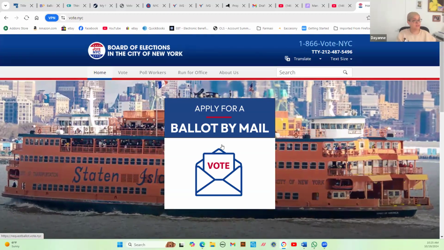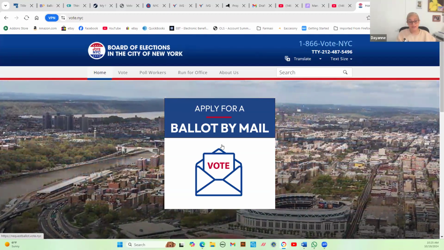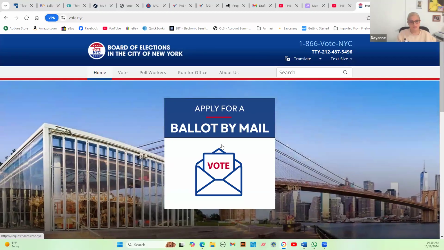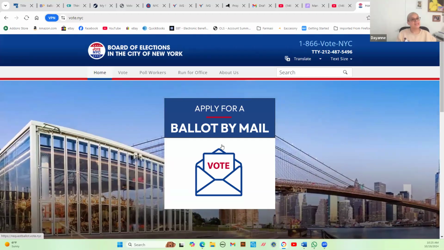But if suddenly you decided you didn't want to mail in your ballot and said, you know what, I'll go and vote instead, you could do it. You can't do that anymore.